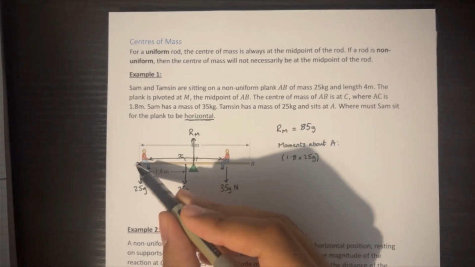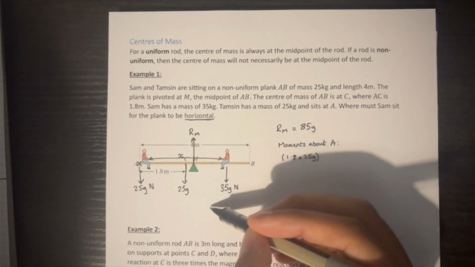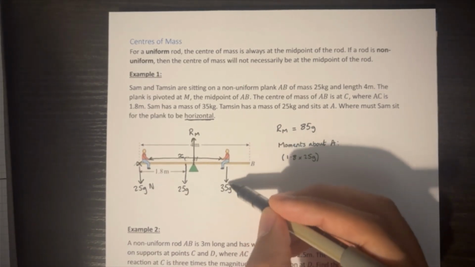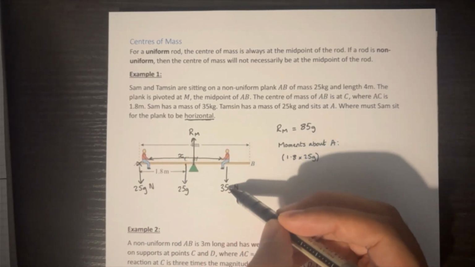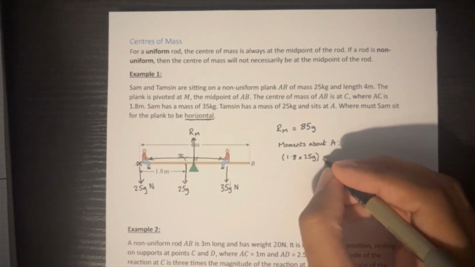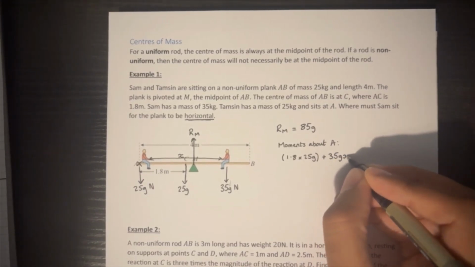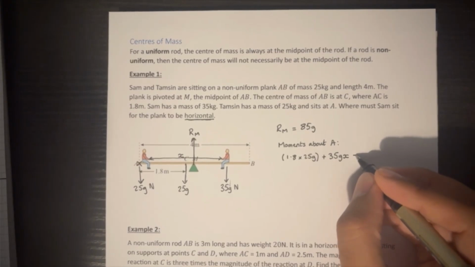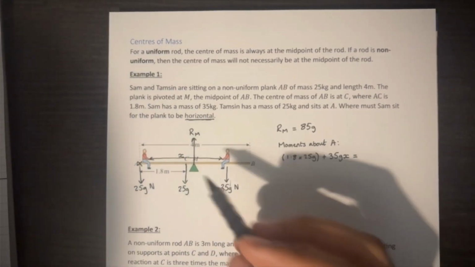And also from point A, going clockwise, is this force here, which would be x times 35g. So plus 35gx, and that is equal to the moment in the anti-clockwise direction.